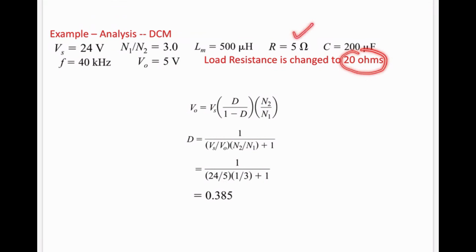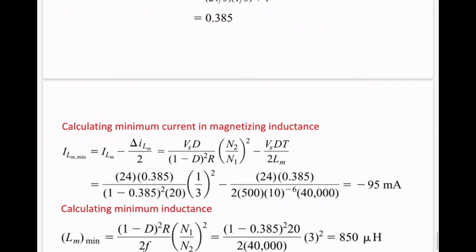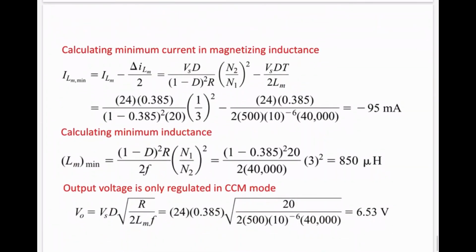For 5 ohm it is sufficient, but for 20 ohms it is not sufficient to keep our circuit in the continuous conduction mode. You can see the presence of R in this expression. So if the load resistance increases, the minimum inductance required to keep it in the continuous conduction mode increases, that is 850 microhenry. And our actual is 500 microhenry. It is less than that, so our converter is operating in the discontinuous conduction mode.